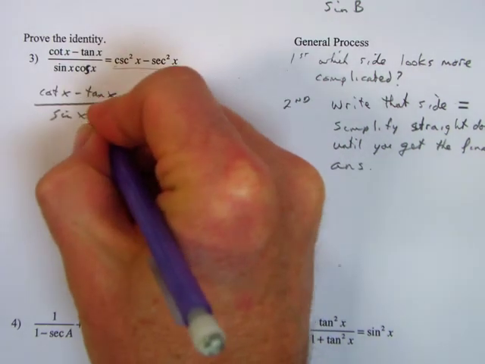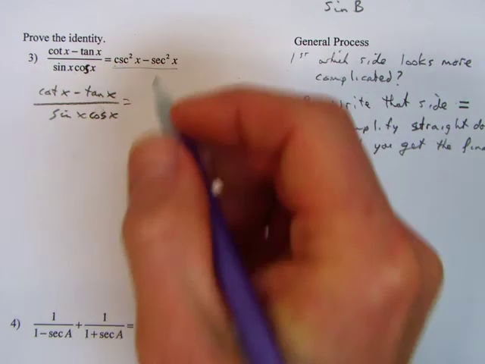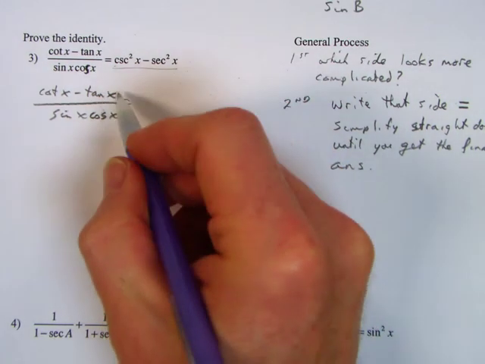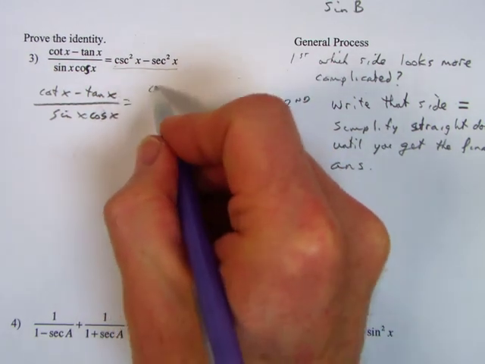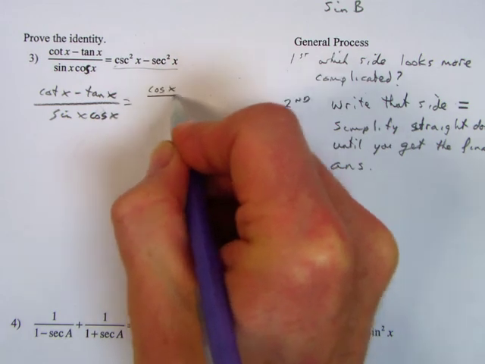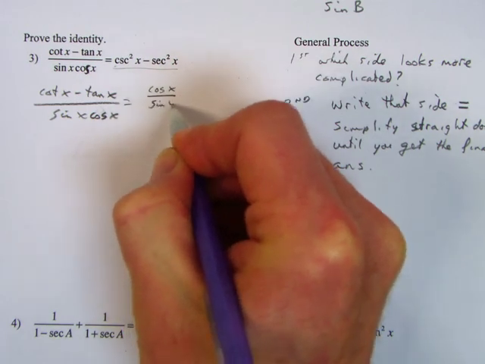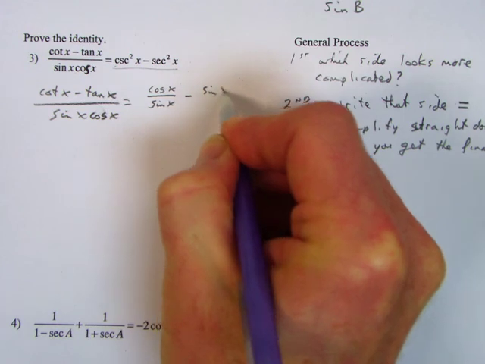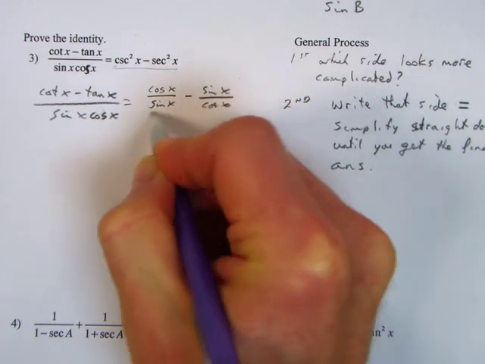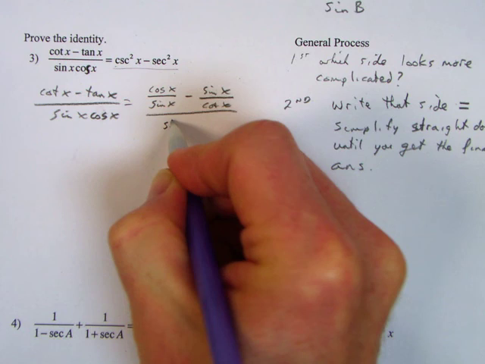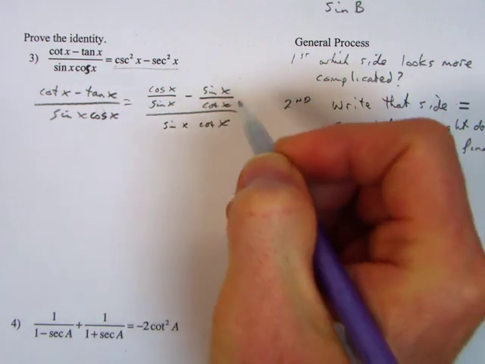This should say cosine. All right. So we have cotangent minus tangent. Let's change it all into sine and cosine. So this would be cosine over sine minus sine over cosine divided by sine x cosine x.